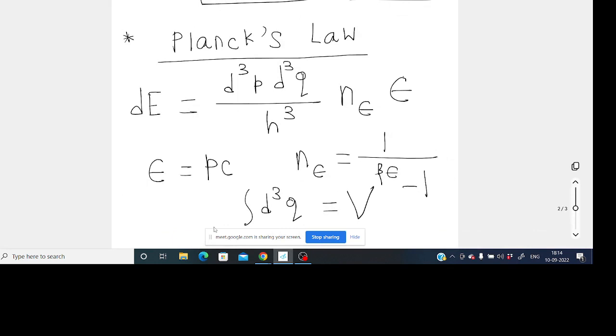Now we all know that light is an electromagnetic wave, right? And it is a transverse wave. So there are two possible transverse directions, right? One is called the longitudinal direction, and there are two possible transverse directions.